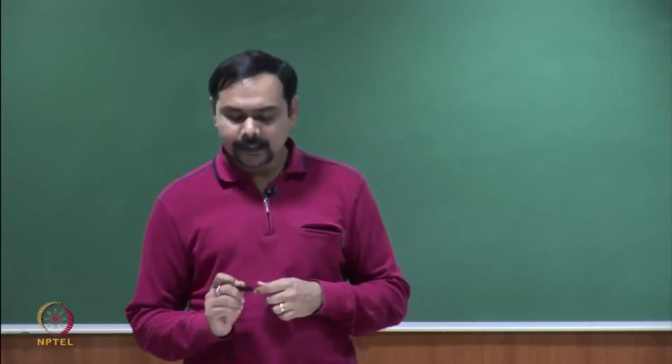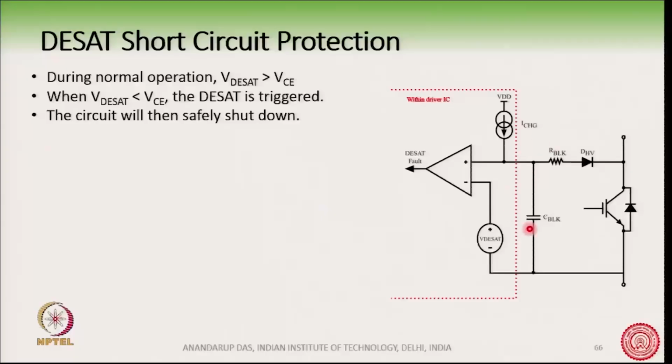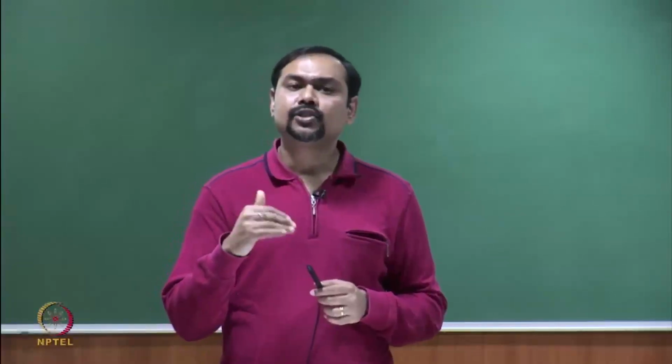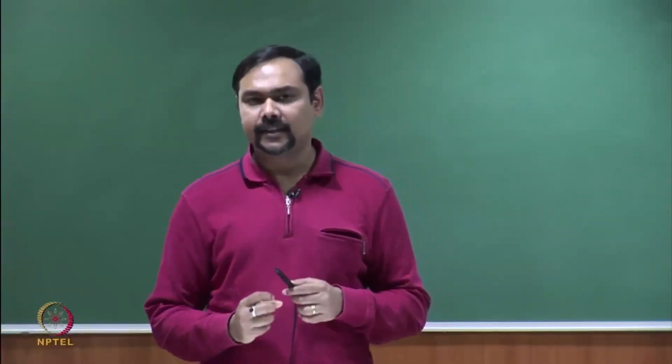That delay is provided by this RC circuit here along with a charging current here. That part we will not go into the details of, it is not necessary, but this C blanking will provide you the delay, so that once the IGBT has settled down to 2 volts, after that delay the short circuit protection gets activated.